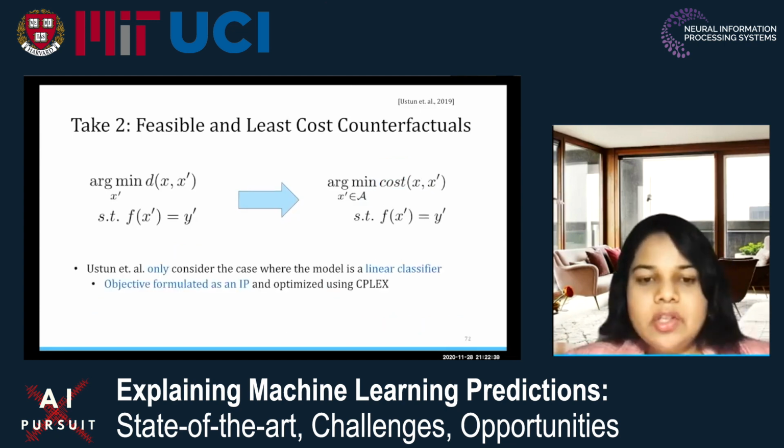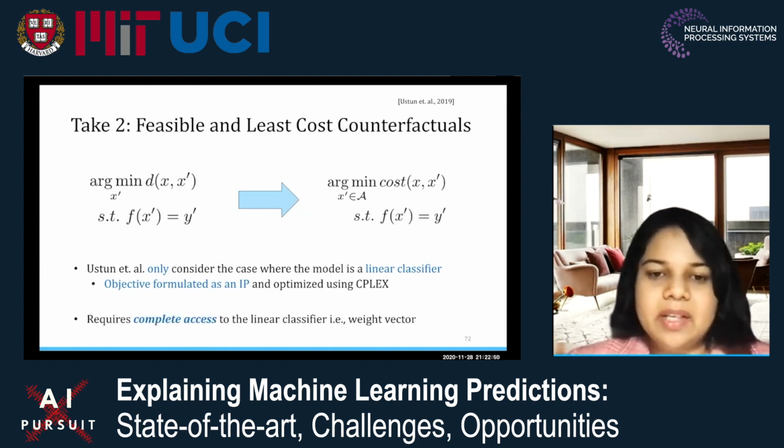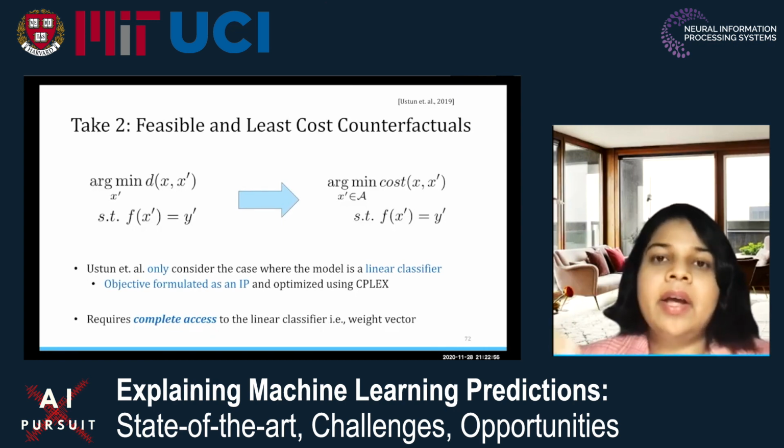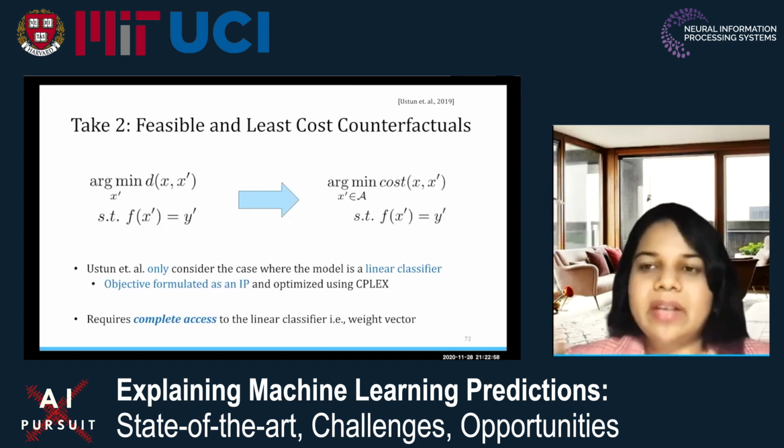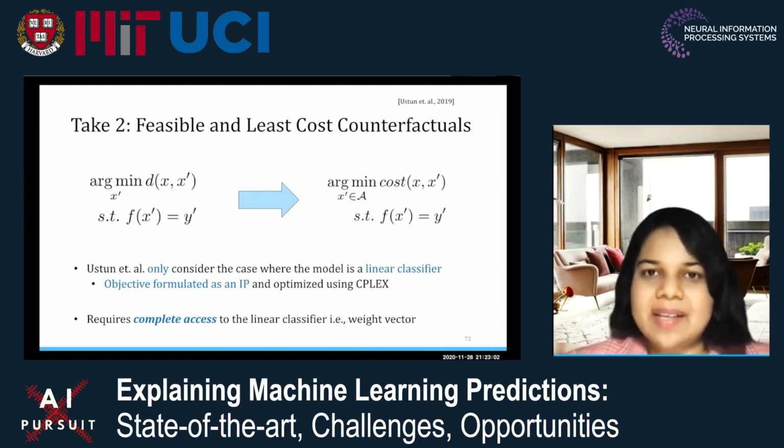Okay. Houston et al. only consider the case where the underlying model is a linear classifier when solving this problem. Okay, and that, as we all know, can be somewhat limiting. Furthermore, their approach actually requires complete access to the linear classifier, which means they need to know the weight vector of the linear classifier. So their approach is not designed to work with black box models.